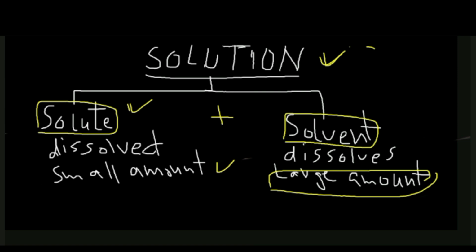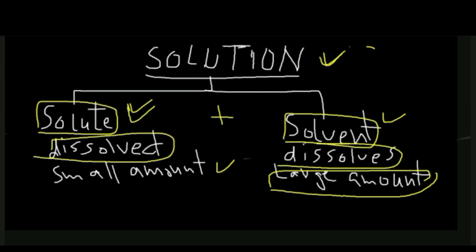The solute is the substance that is dissolved, that component of the solution that is to be dissolved, while the solvent is that component which dissolves the solute. These are the two components of solutions. By the combination of solute and solvent, we can get a solution.